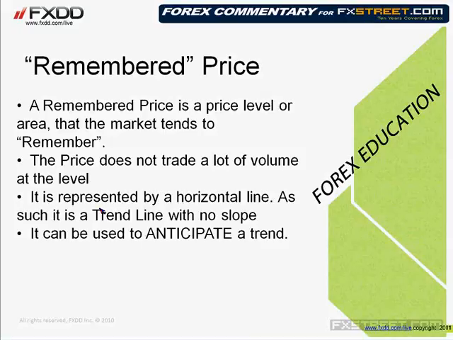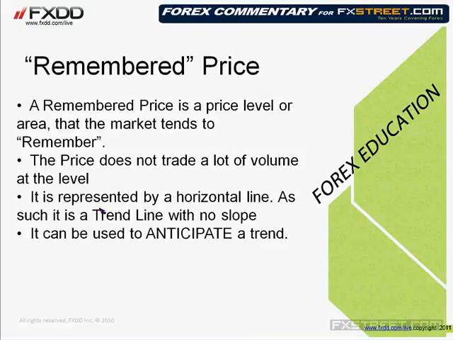A horizontal line is a line that goes from left to right across the screen, for those people who don't know. As such, it has no slope. So the trend line in this case has no slope, and it can be used to anticipate a trend as well. Why can it be used to anticipate a trend? Because if a line going across a screen from left to right is a key price in a chart, what does that suggest about the chart?